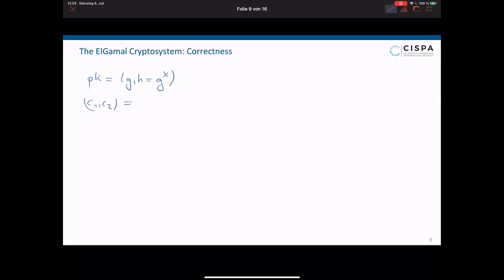If we write this encryption out, C1 is just G to the Y, and C2 is H to the Y times M. This is Enc. This was keygen. And if we look at decryption, it just computes C2 times C1 to the minus X.